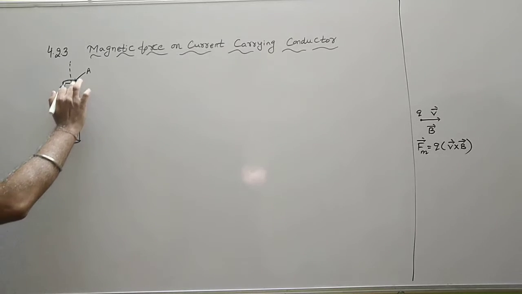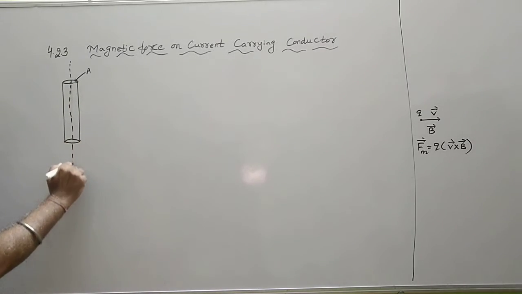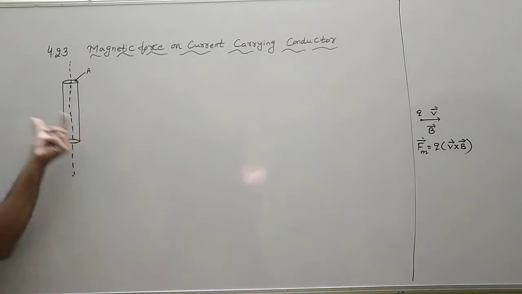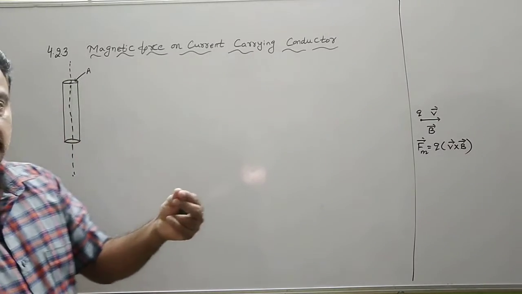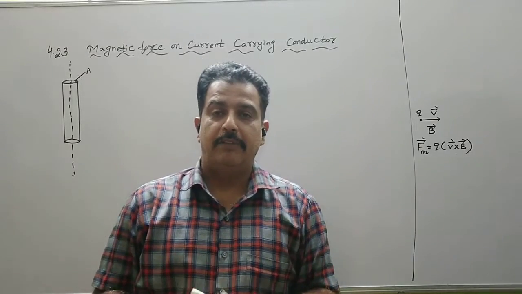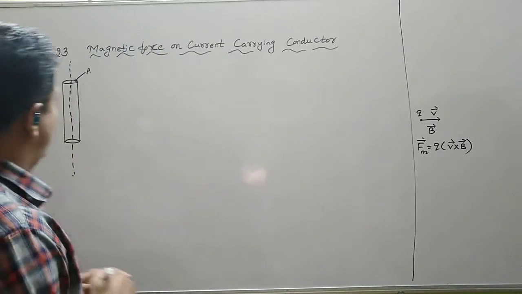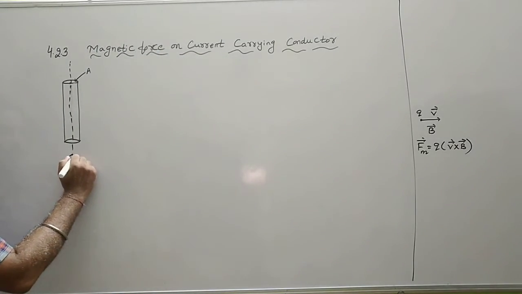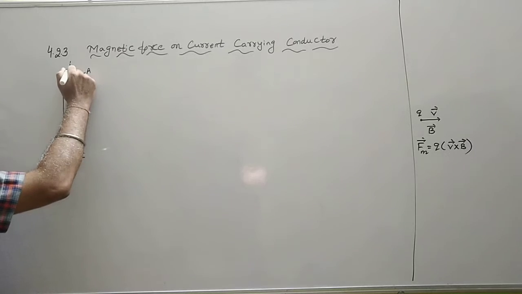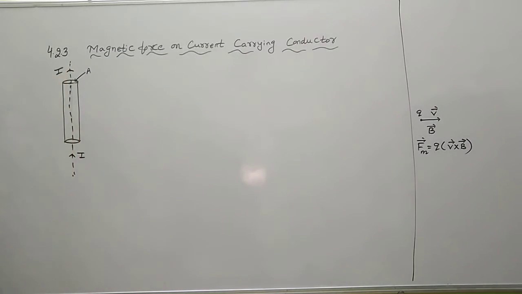We are taking a conductor to be quite thick, otherwise we have to take a wire having a small cross-sectional area carrying current I. Let the current I be flowing in the wire in an upward direction.